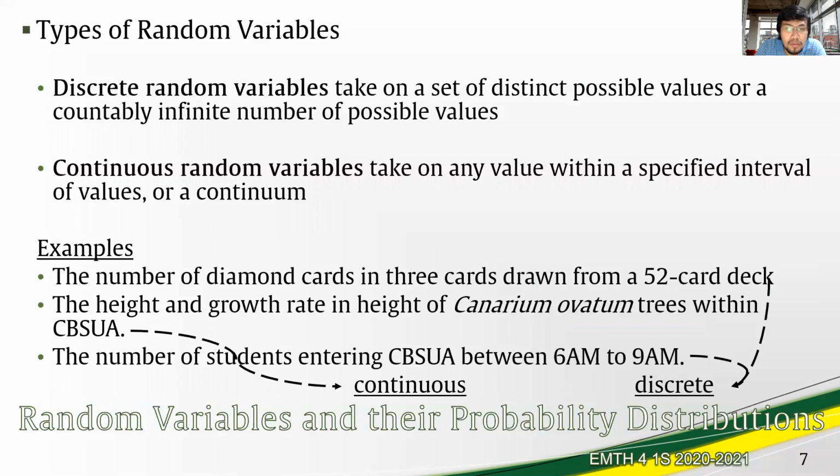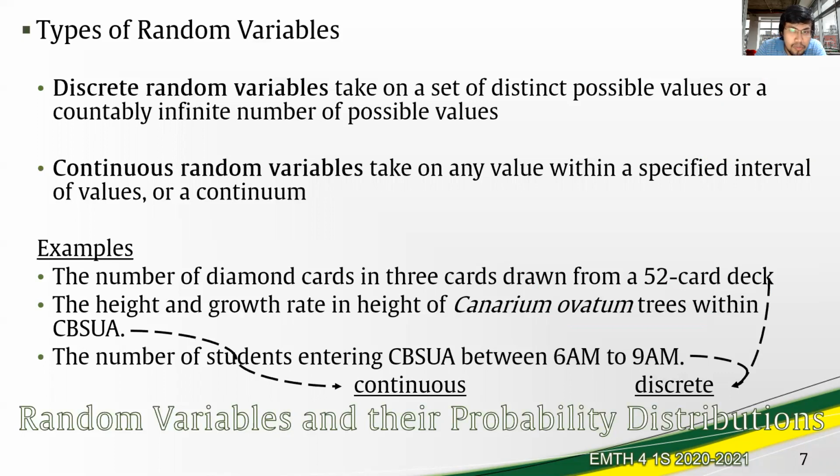With random variables then, discrete means taking on a countable quantity of distinct possible values, or even an infinite number of still distinct values. With continuous random variables, the variables take on values within a specified interval or continuum. Examples for these two would be as shown.